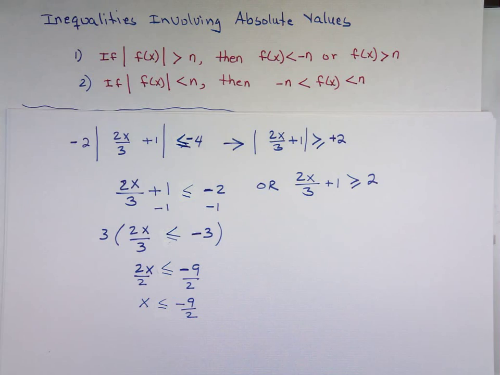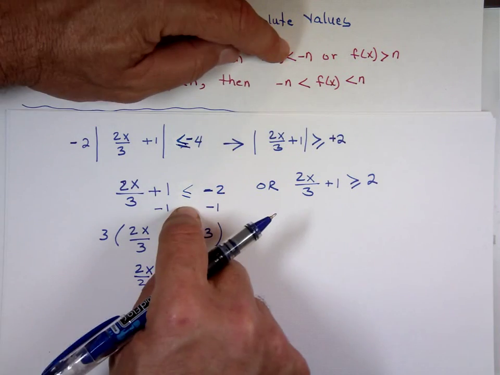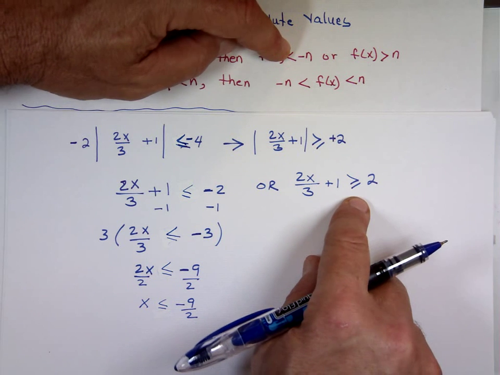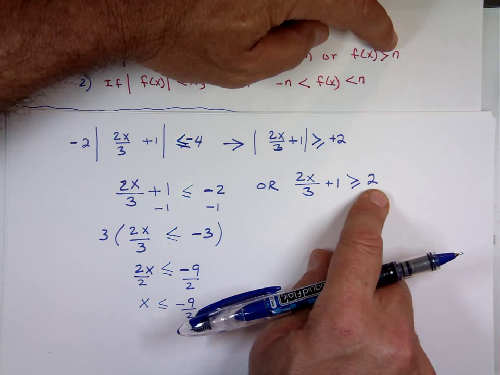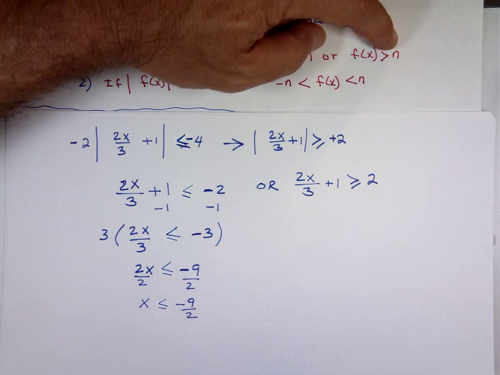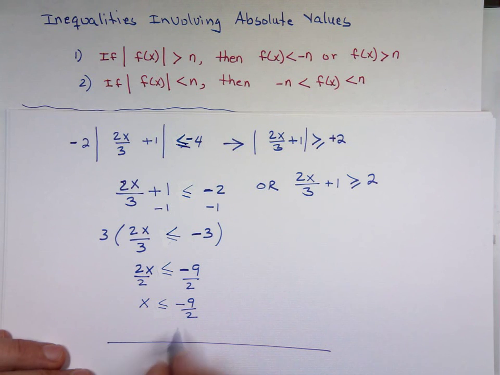So it matches this one now, so it has to be less than, in this case, less than or equal to negative that number. And this one has to be what? Greater than or equal to what? Positive that number. So that's okay here. As long as I don't screw things up, I'll be okay. So this is one of them. X is what? This is the negative 9 over 2. Less than or equal to.